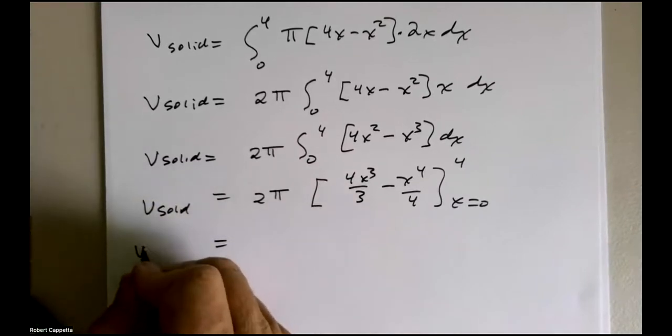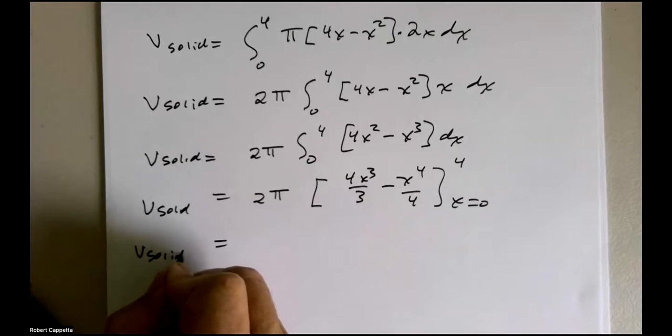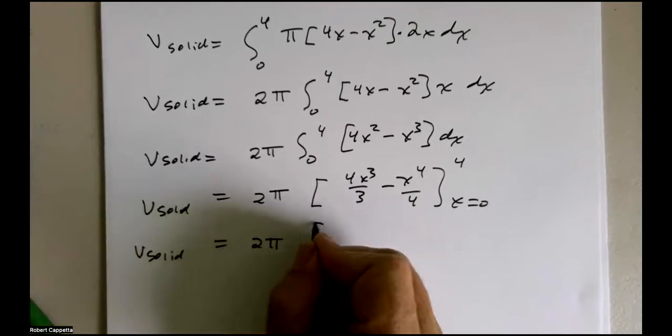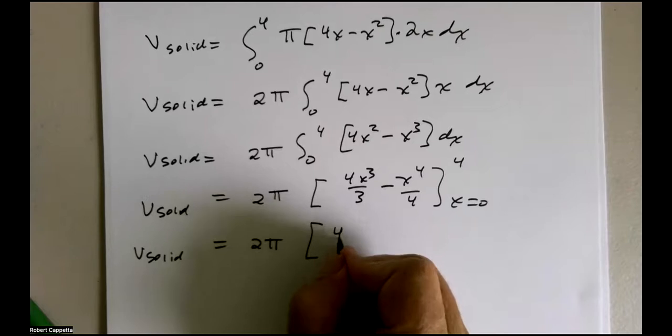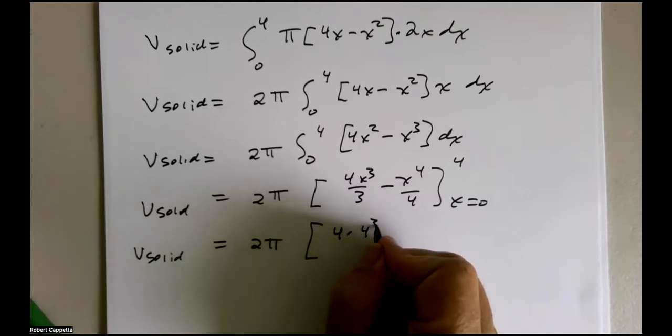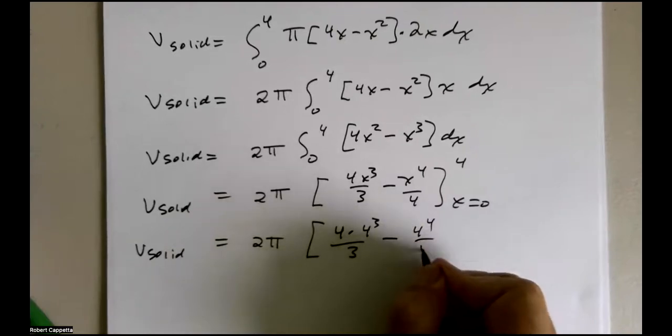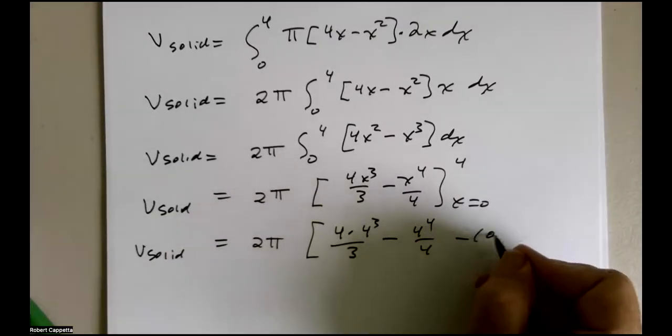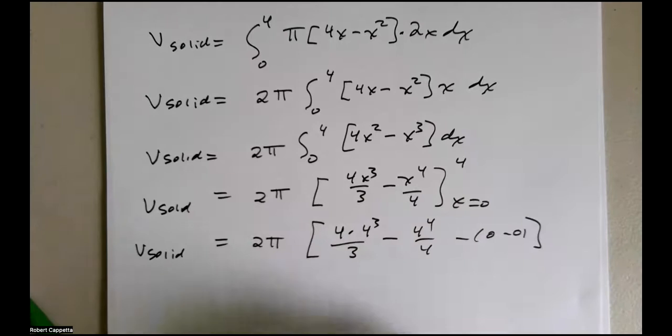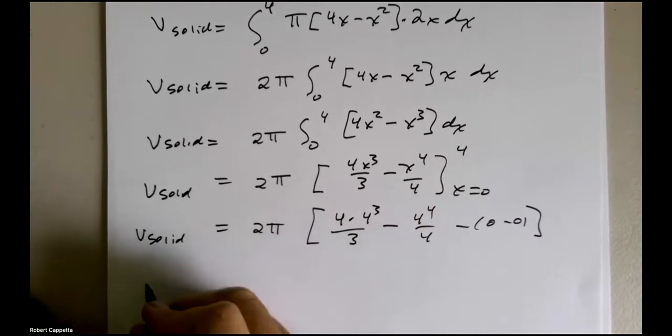Which gives me 2 pi, 4 times 4 to the 3rd over 3 minus 4 to the 4th over 4, minus 0 minus 0. Nothing happening there.